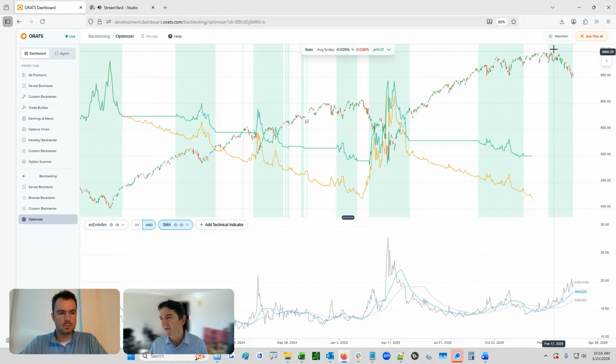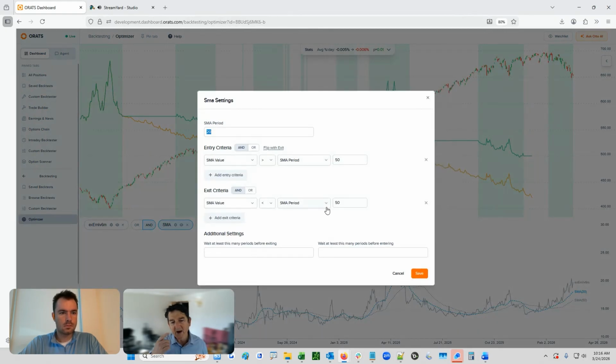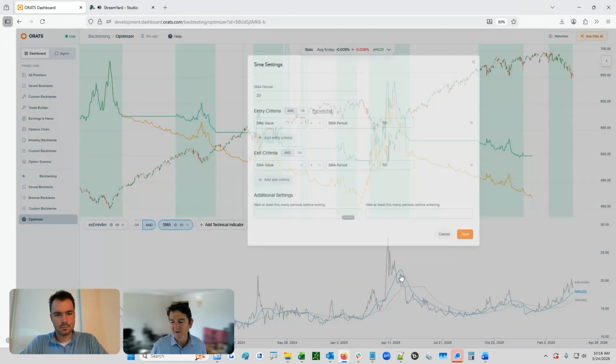This might be a little bit slow to get out, but you could further optimize it. You don't need to use the exact exits that we're using here, where you do the opposite of when the 20-day rises or goes below the 50 days, when this gets out, right?